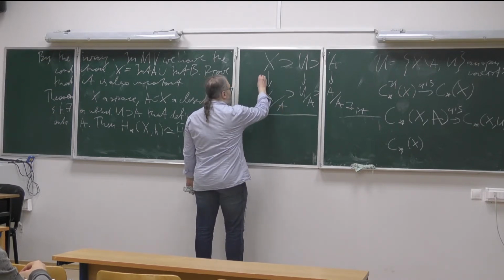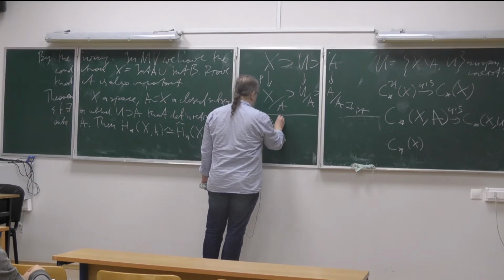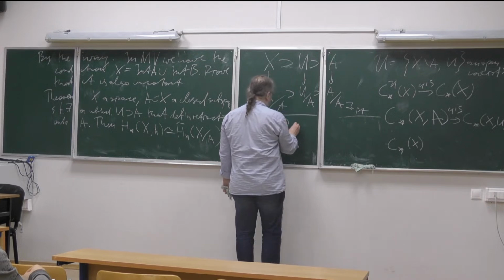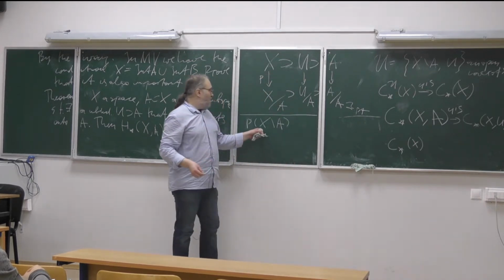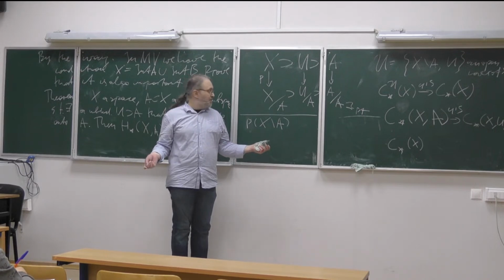Let's call this map P. What is P of X minus A?